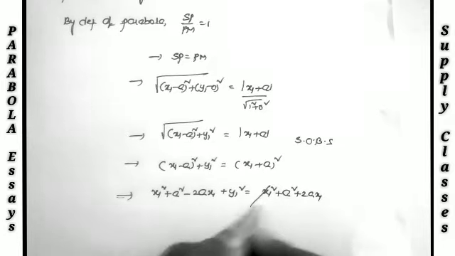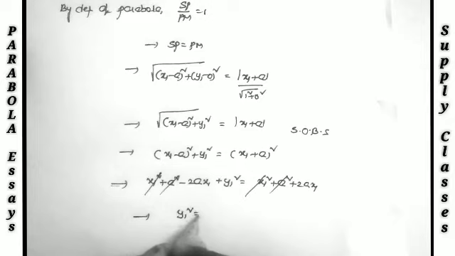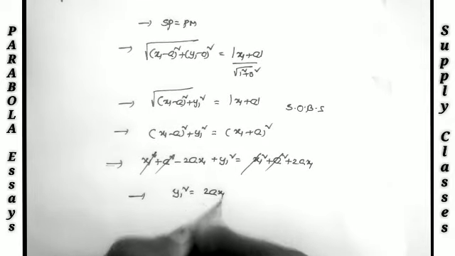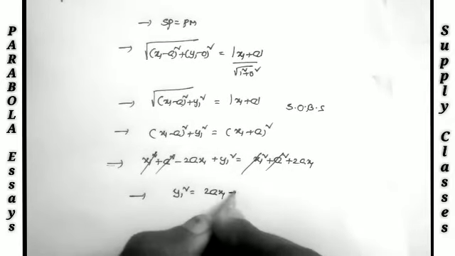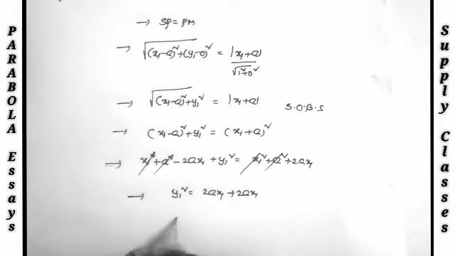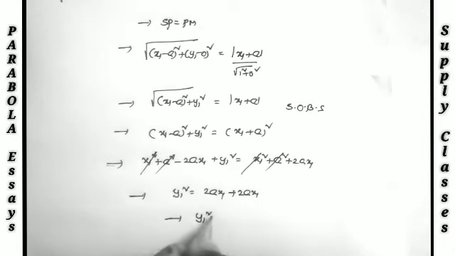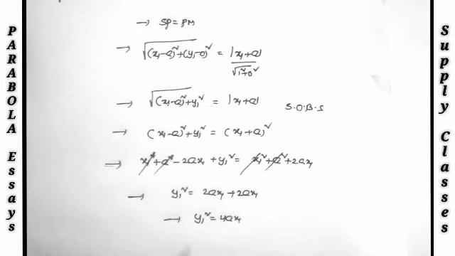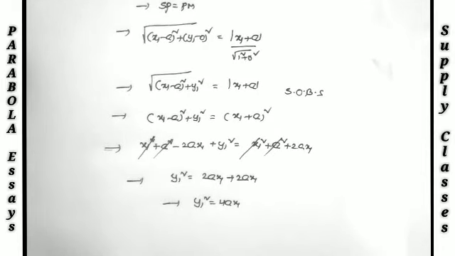Now cancel the values x1 square and a square, which implies y1 square is equal to 2a x1. Writing the minus 2a x1 to that side, it becomes plus 2a x1, that is 2a x1 plus 2a x1, so y1 square is equal to 4a x1. This is the equation of the parabola.